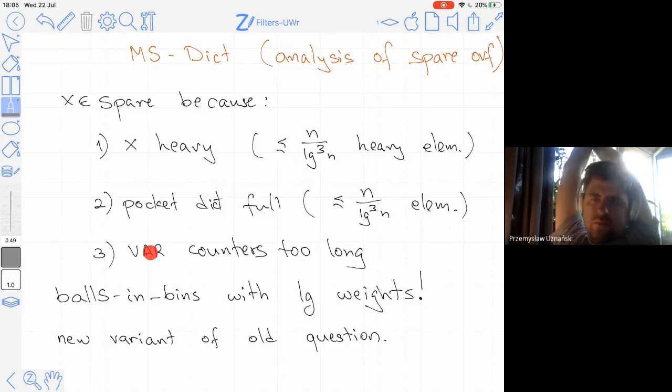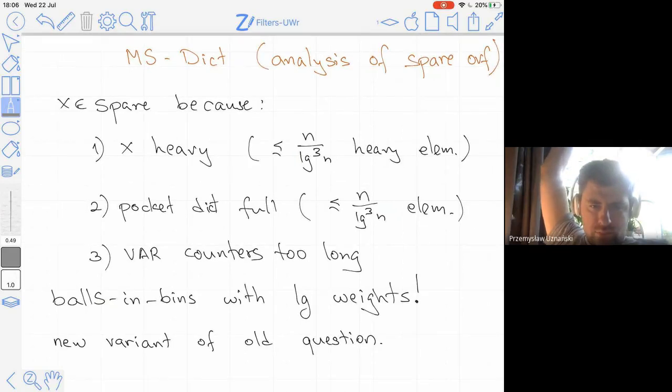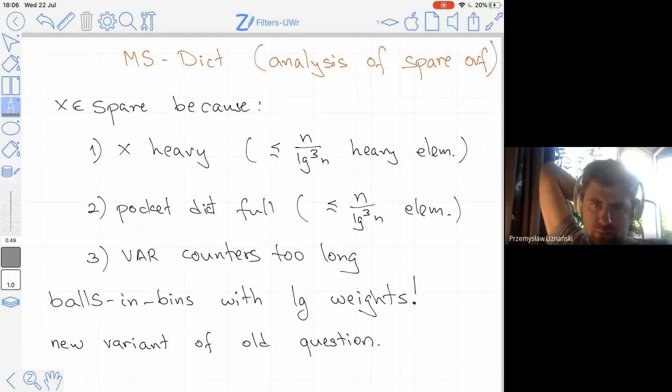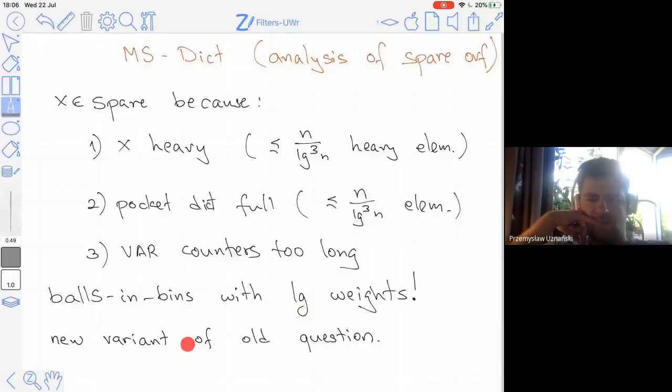How do you analyze that? Well, this is analyzed using a balls into bins paradigm with logarithmic weights. Instead of counting the number of balls in each bin, each ball comes with a weight, and its weight is logarithmic in its multiplicity. So this is a new variant of an old question of balls into bins.